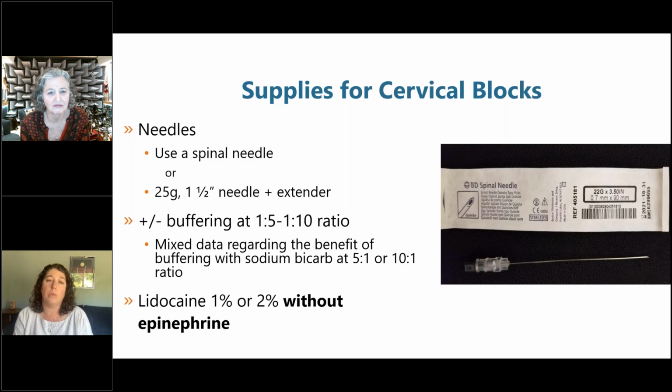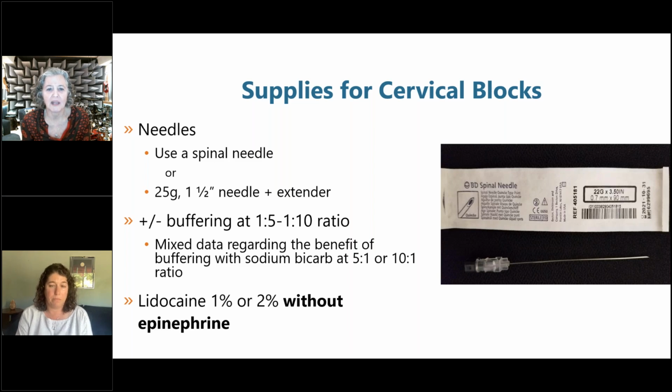There is mixed data regarding the benefit of buffering with sodium bicarb, either at a 5:1 or a 10:1 ratio. So do what you can. If the provider that you're training with buffers, great. If they don't, great. There really isn't enough to recommend one route or another. The key, though, is that whether you're using lidocaine 1% or 2%, it is without epinephrine, always without epinephrine.